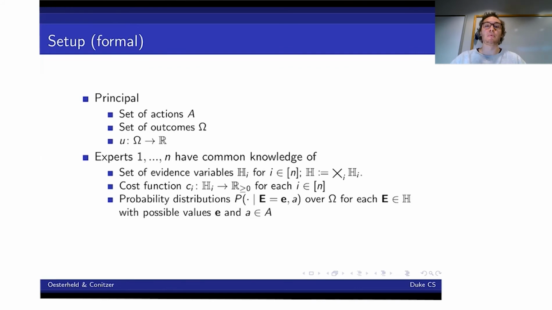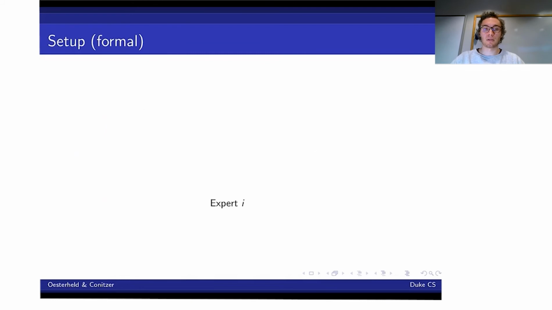So for example, if Bob learns that the demand for this particular project is low, then Bob knows how to update about different business strategies that Alice might take. And then they also have prior probability distributions over the values that different evidence variables might have.